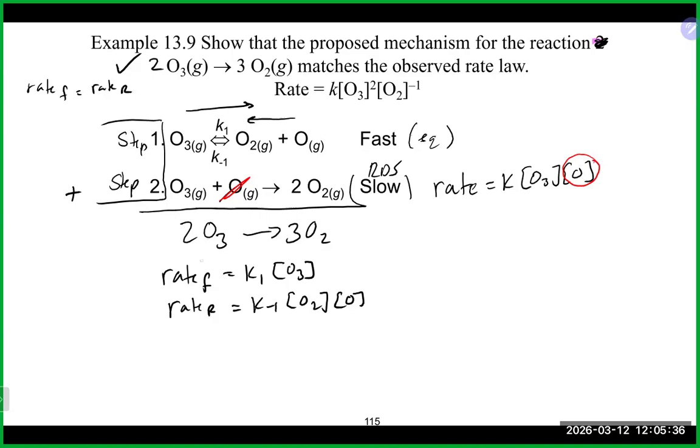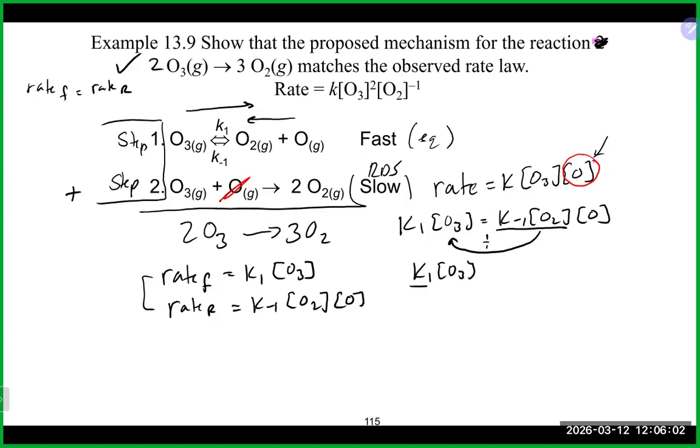Because these are both the same number, that allows us to set the other side of each of those equal to each other. In this case, we want to isolate the O because that's the intermediate. So we take everything and divide it to the other side, and we end up with k1 O3 over k to the minus 1 O2, and that is going to equal the concentration of O.